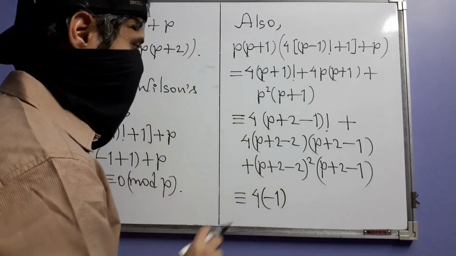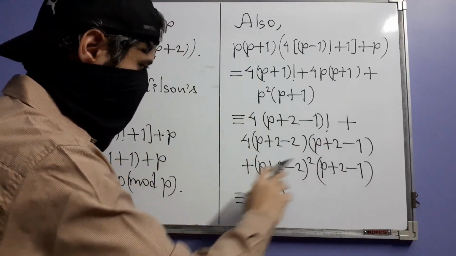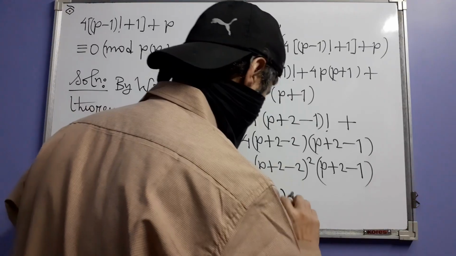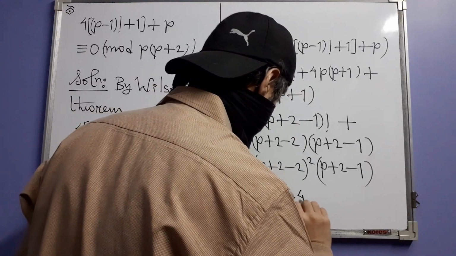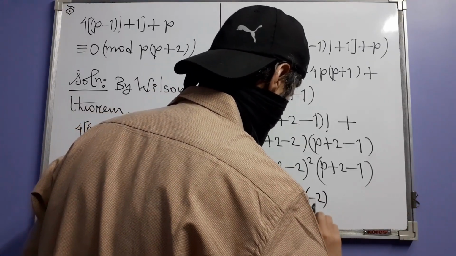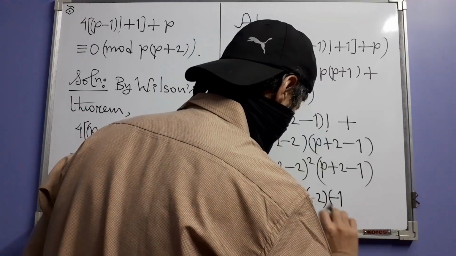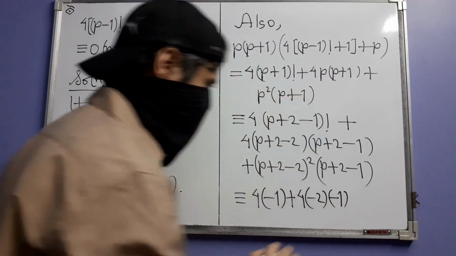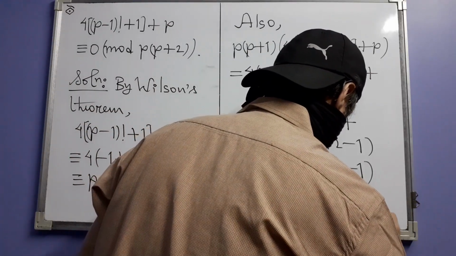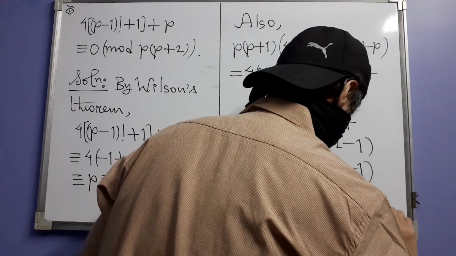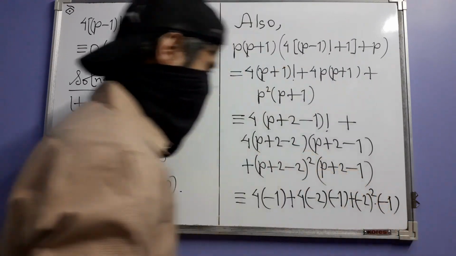So 4 times minus 1. From these simple things, which do not have factorial, we get 4 times minus 2 times minus 1. And from this last one we get minus 2 square times minus 1.